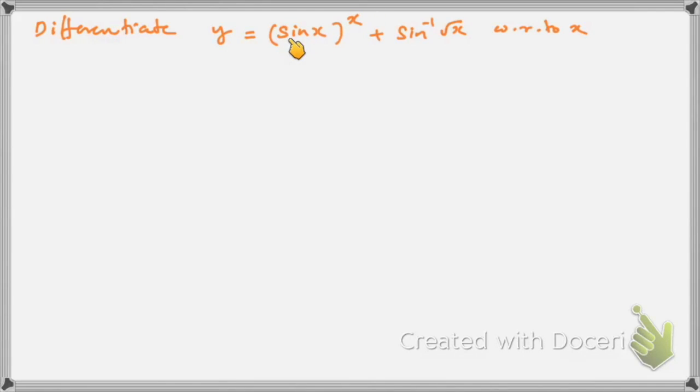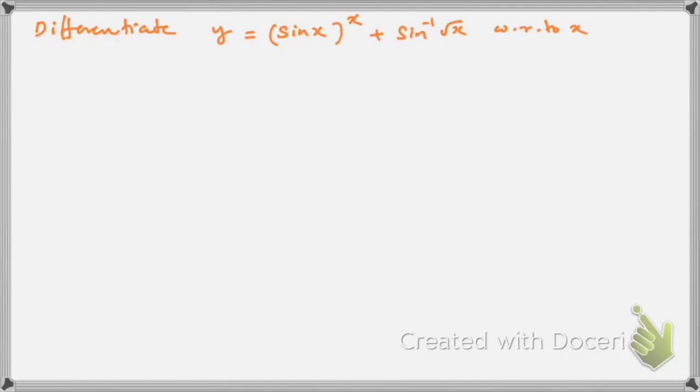Sin x to the power of x, u to the power of v, where both u and v are functions of x. So this term is under logarithmic differentiation. The second term, sine inverse of root x, is just the chain rule. The first one is logarithmic.